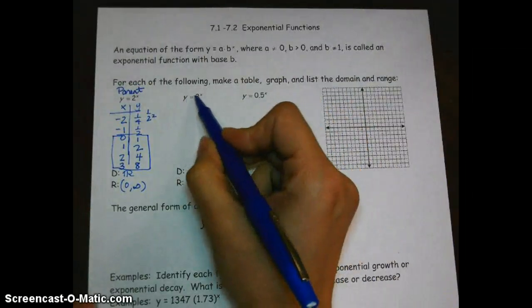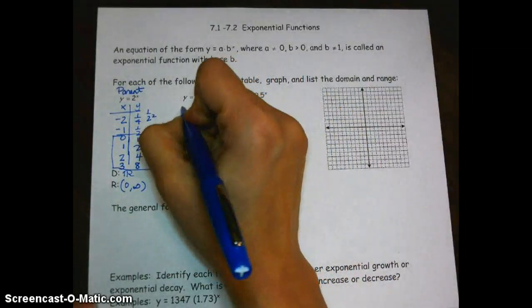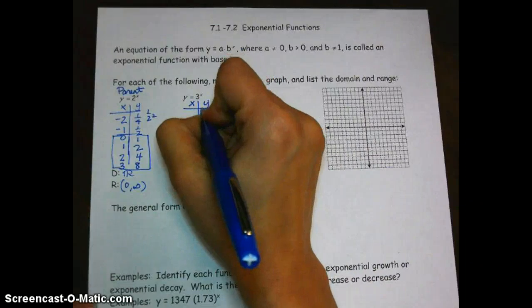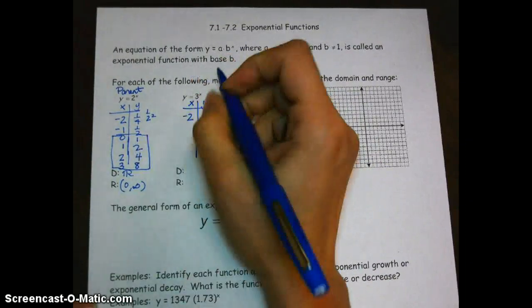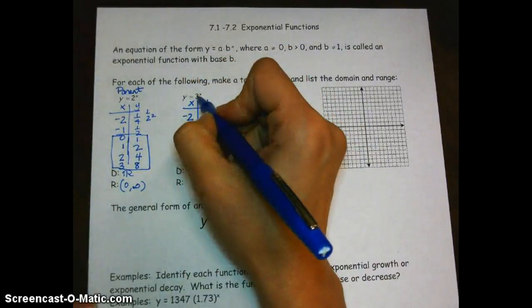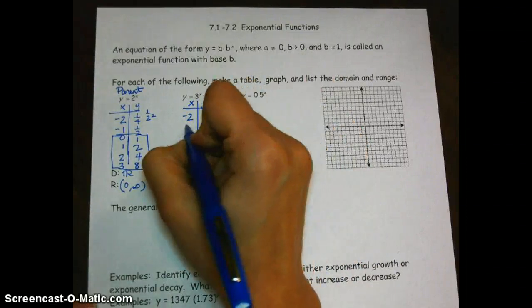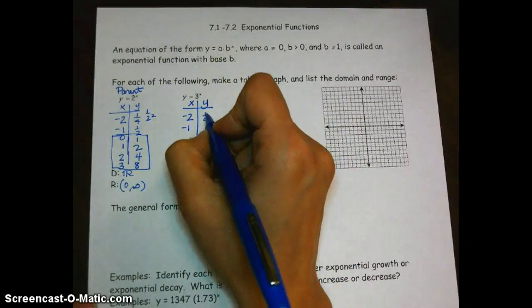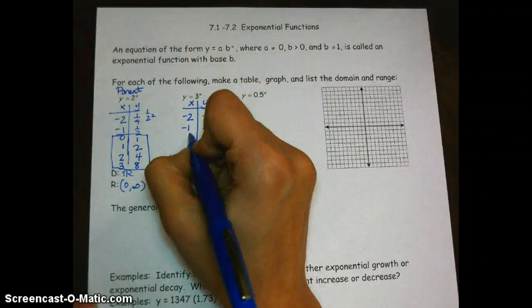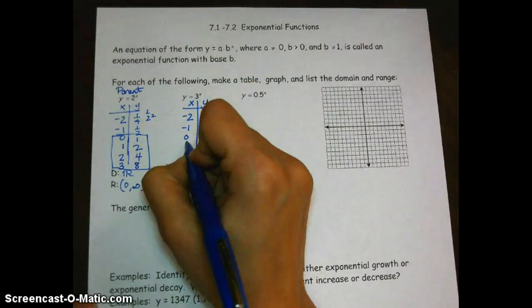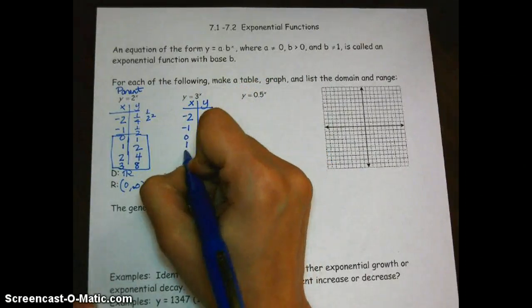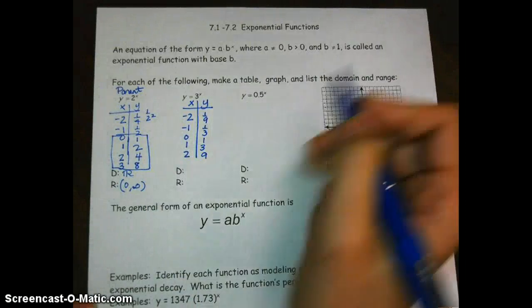All right, so y equals 3 to the x, we make a similar table, practicing our exponent rules. If we put in -2, that means it is 1 over 3 squared, which gives back 1/9. If I put in -1, I get back 1/3. If I put in 0, I get back 1. If I put in 1, I get back 3. And if I put in 2, I get back 9.